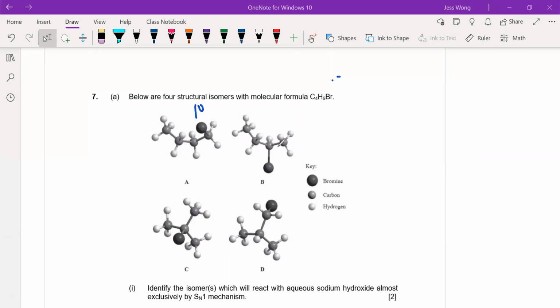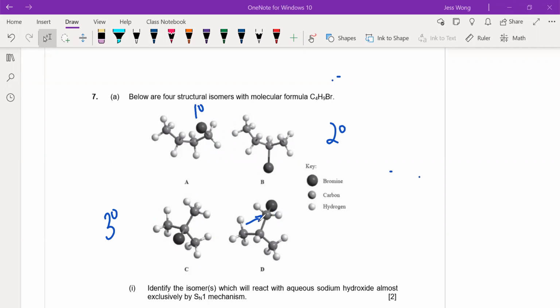Now this over here has 2 alkyl groups, so it's a secondary halogenoalkane. And over here, it has 3 alkyl groups: 1, 2, 3. So it's a tertiary halogenoalkane. And the last one over here, look carefully, these are hydrogen. So we are only looking at this carbon, because this carbon is the one that contains the bromine.